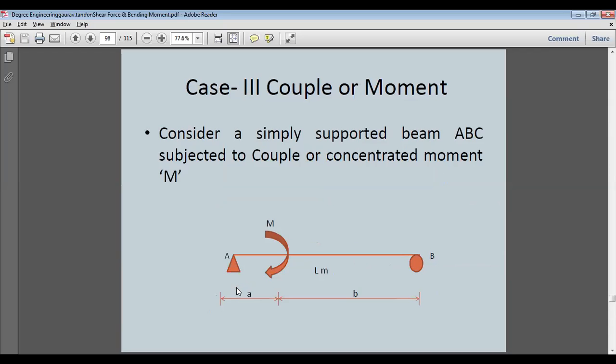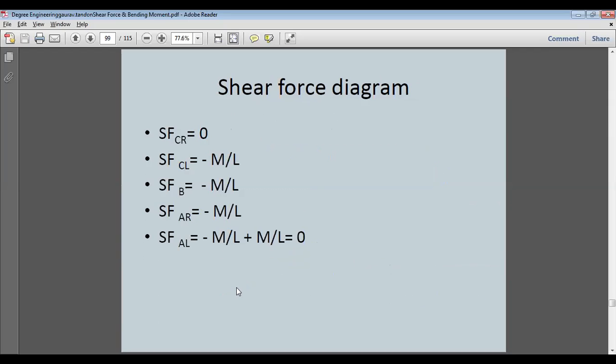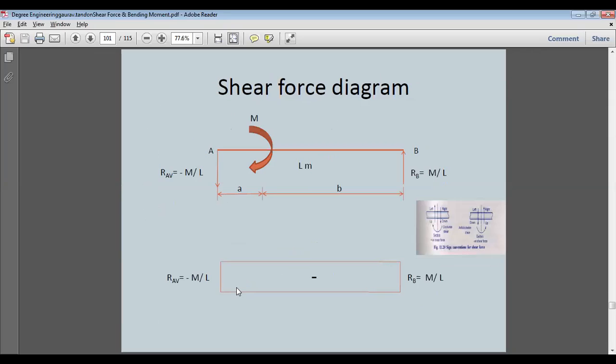We can now combine different conditions, and we will solve these different conditions.